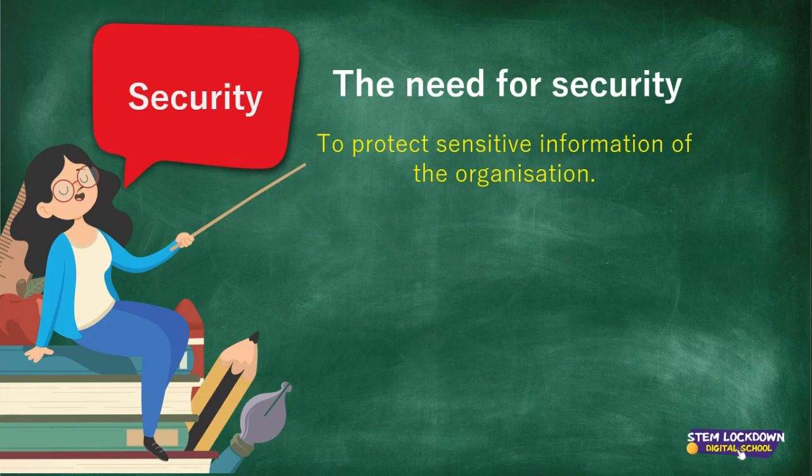KFC has got its own way of making their chicken. So does Nando's, right? So these two organizations have got, let me call them, trade secrets, whereby they have got their recipes, and no matter how hard you try to make it at home, your chicken can't be as crispy as the KFC one or the Nando's one.